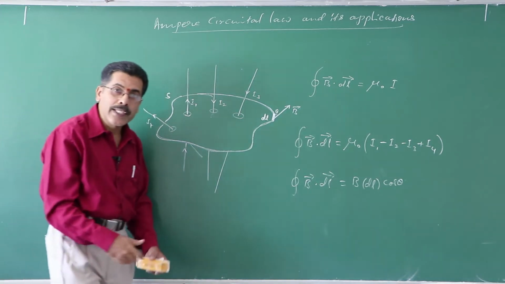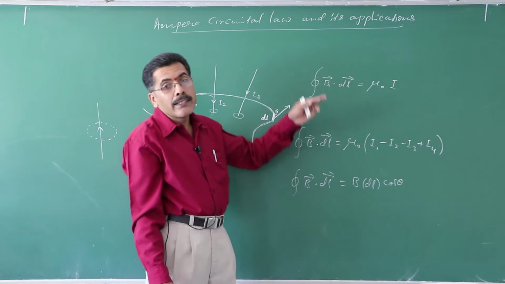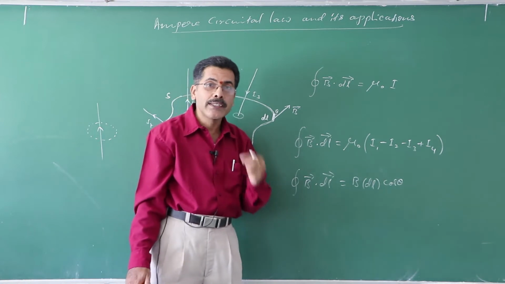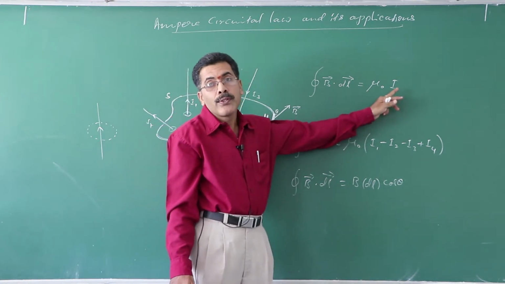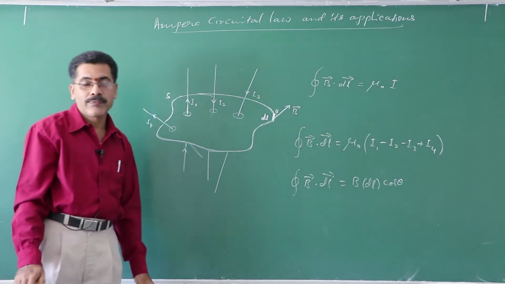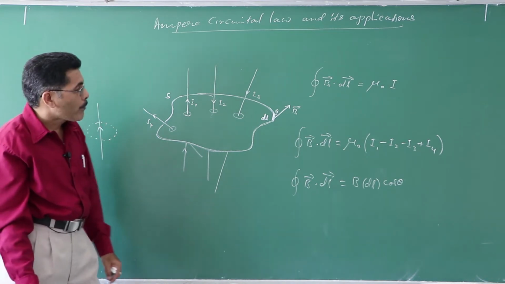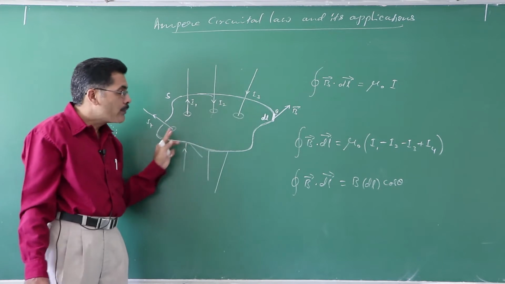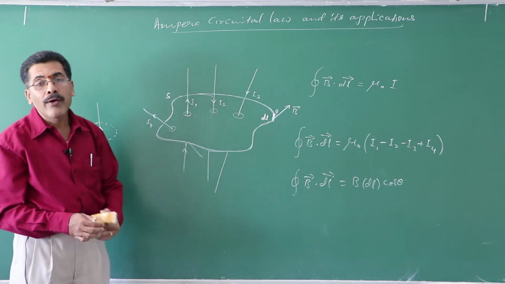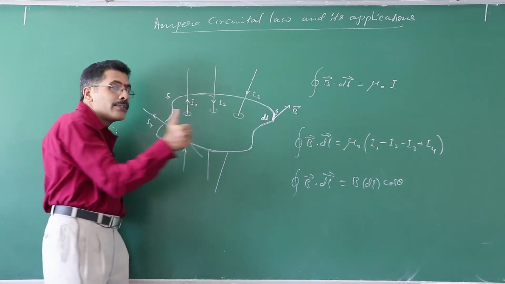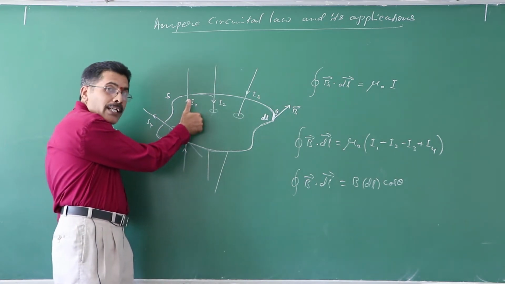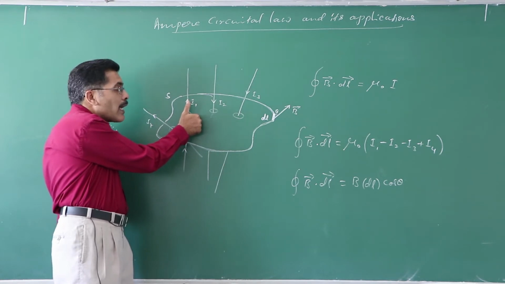So Ampere's circuital law states that the line integral of magnetic field around any closed path in free space is equal to mu naught times the total current passing through any surface enclosed by the closed path. Here I1, I2, I3, I4 are the currents enclosed by the path. Here we have made one convention. Take your right hand, thumb pointing in the direction of current.